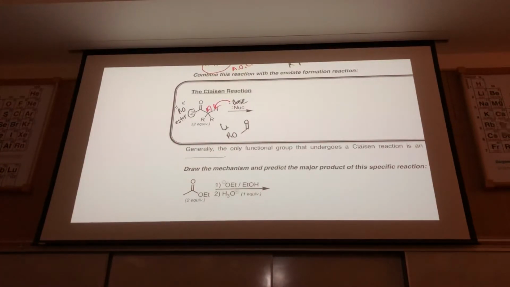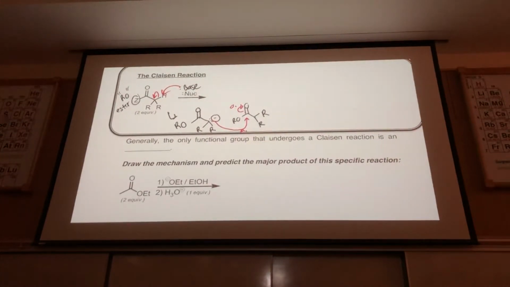Okay, so we make our enolate. This is our generic template. And then it can attack another one. But instead of doing the attack open protonate, so we have attack open, I'll draw this whole step out this time.